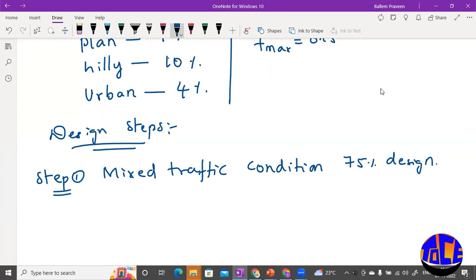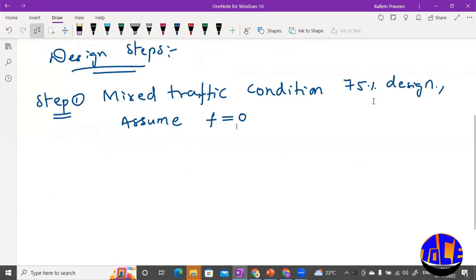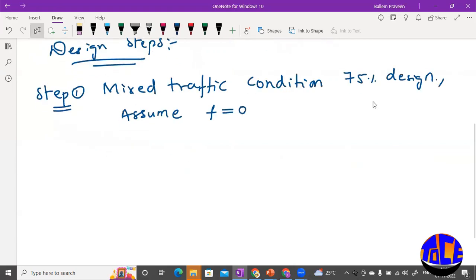This is one consideration, and we'll assume the lateral friction coefficient is 0. So F is equal to 0 and V is equal to 75%. What is the formula? E plus F is equal to V square by GR. This is the actual formula.